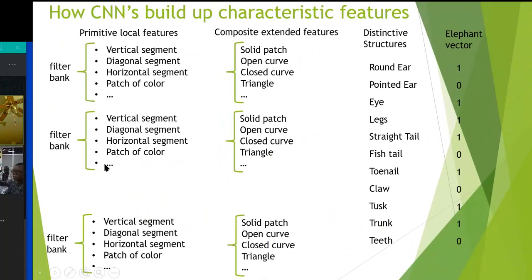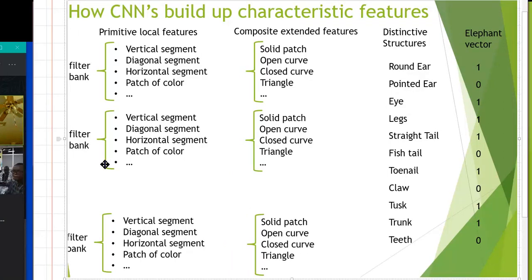So what deep learning has done is it has correlated the input with distinctive features. Let me put this on my screen. You start with a bank of filters, and these initial filters are very small. They're looking at very, very small sections of the image.